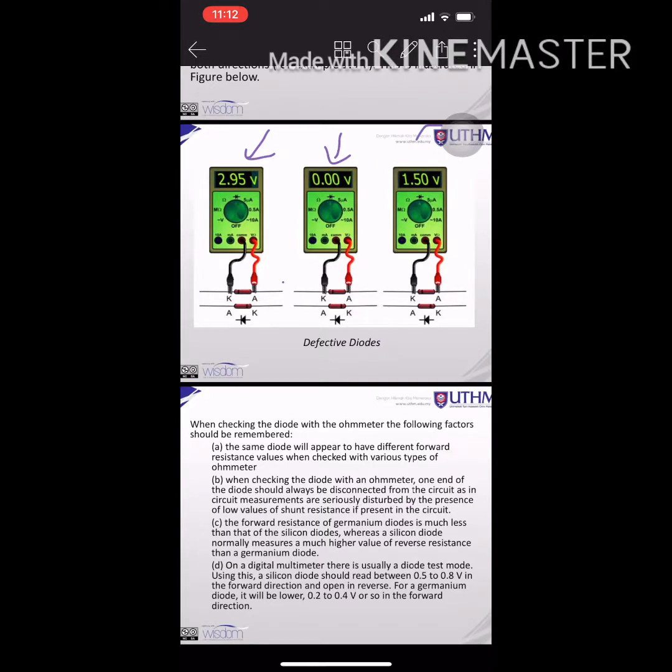Okay, so on digital meter there is usually a test mode. If we use silicon diode, the value should be 0.5 to 0.8 volt. Okay, so kalau we use germanium, it will be 0.2 to 0.4 volt. So it's much lower compared to silicon diode.